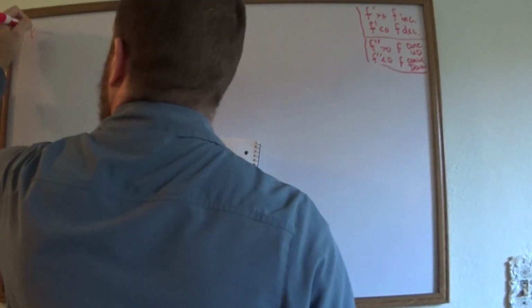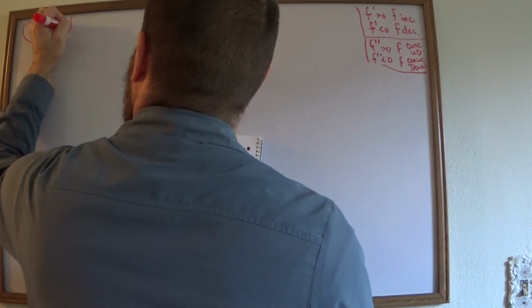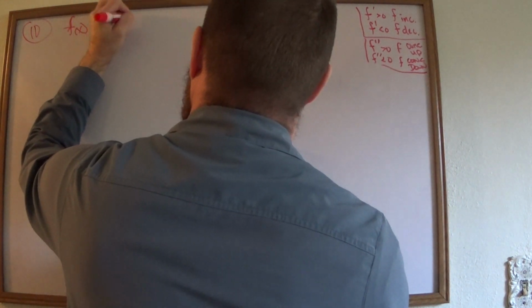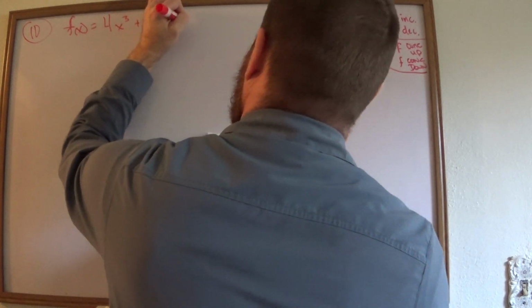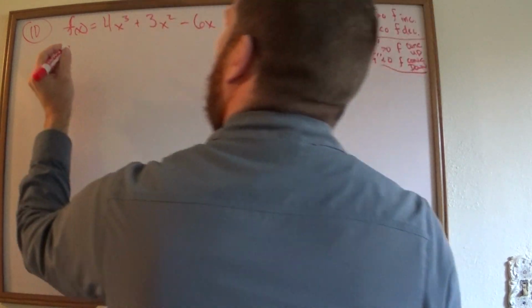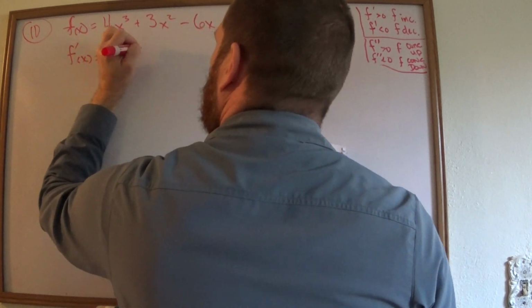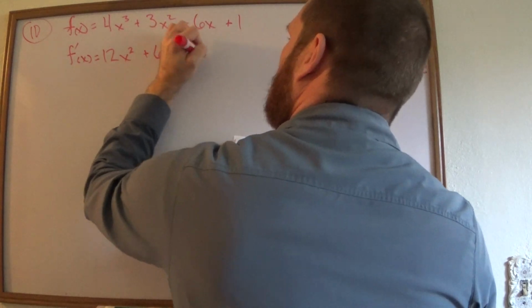With the first derivative test, when we did number 10, we had f of x equal to 4x cubed plus 3x squared minus 6x plus 1. We took its derivative and got 12x squared plus 6x minus 6.